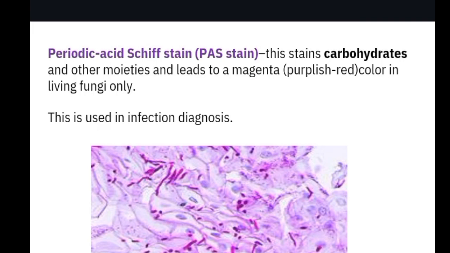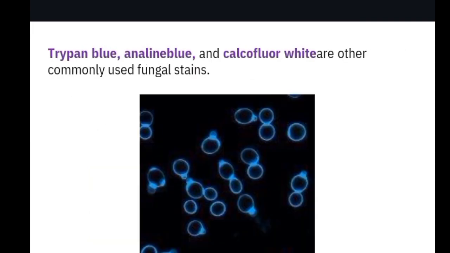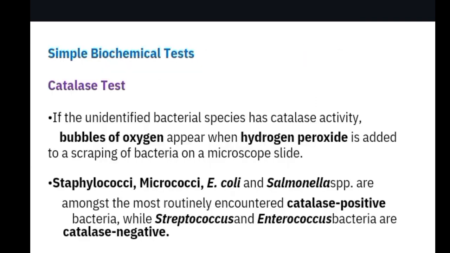So this is also a common one in biochemical labs. After this, trypan blue, aniline blue, and chlorophyll white are other commonly used fungal stains in labs, used for the identification of fungi and yeast.